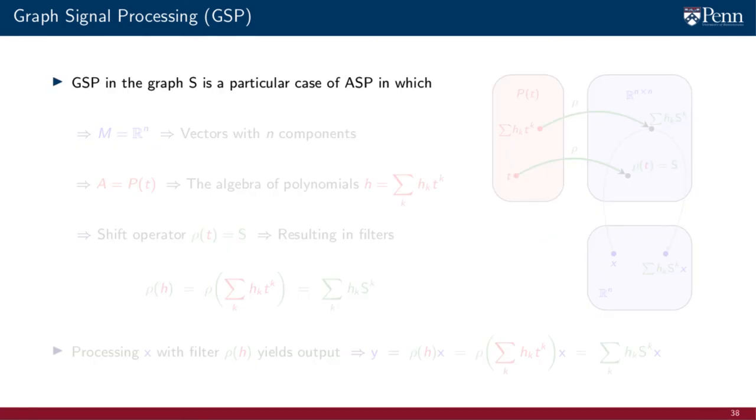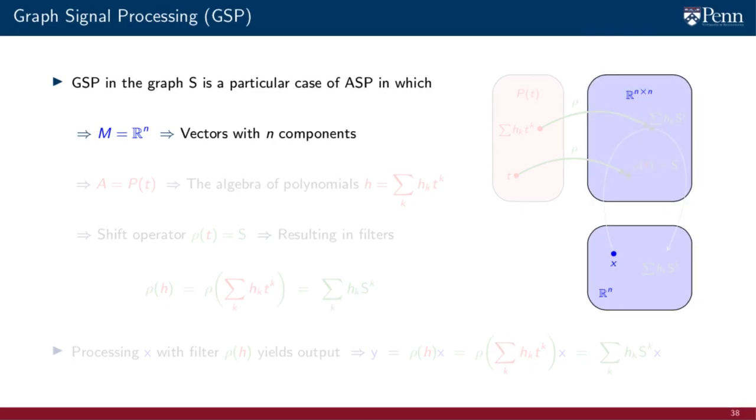GSP in the graph with sheaf operator S is a particular case of ASP in which the vector space where signals live is R^n. The associated space of endomorphisms is the space of square matrices. The algebra is the algebra of polynomials of a single variable, in which filters are written as symbolic polynomials.